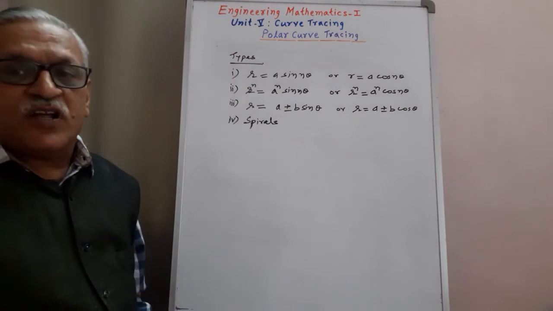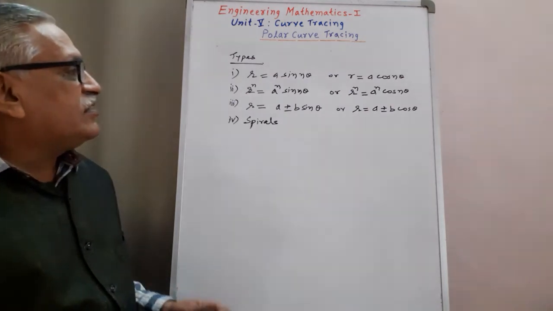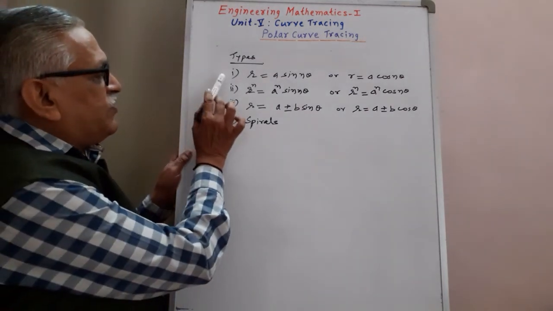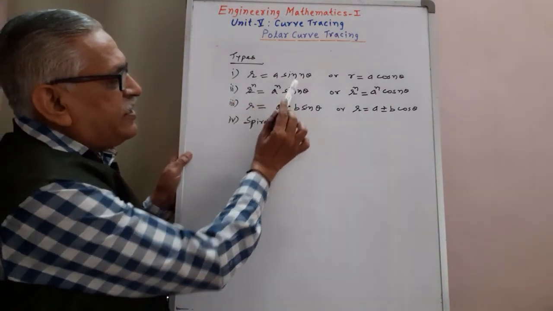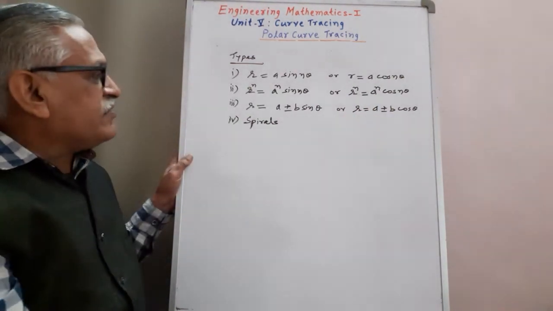Then the types of polar curves, which I will explain in my videos. First type, r = a sin nθ, or r = a cos nθ.